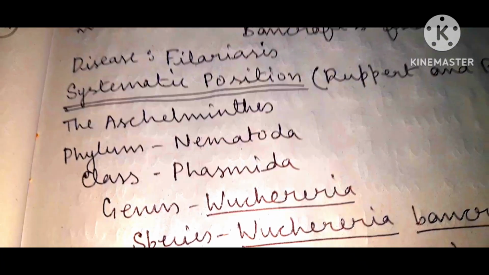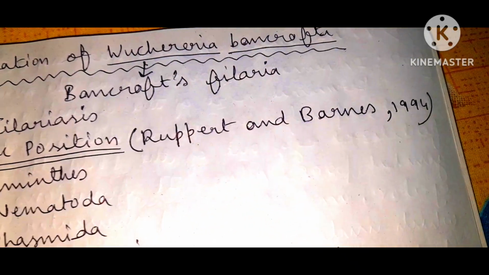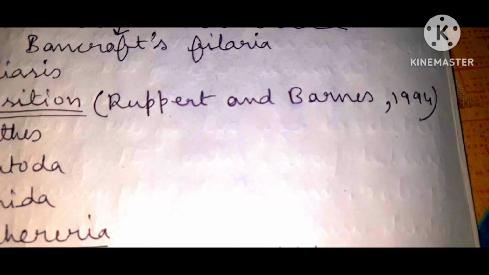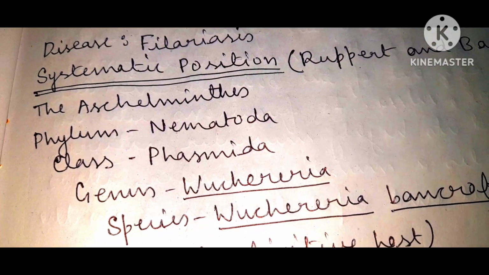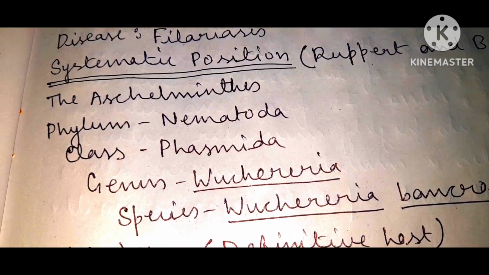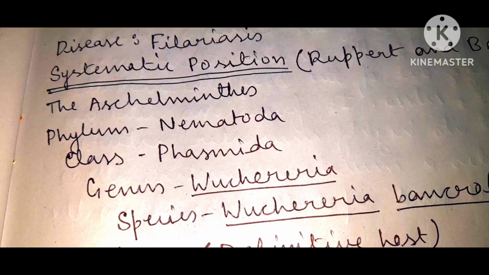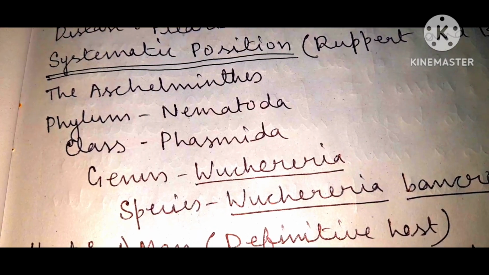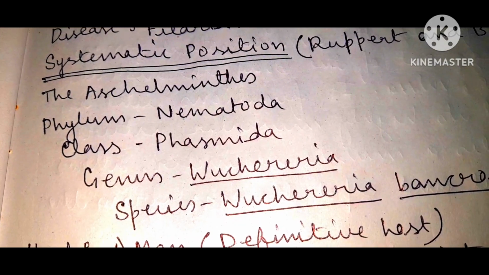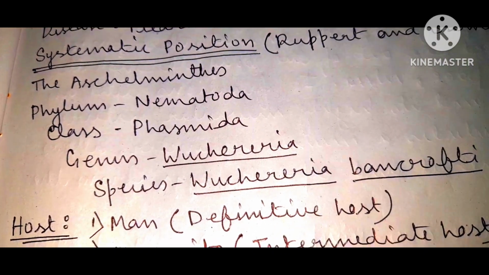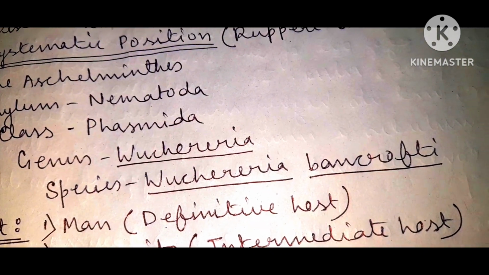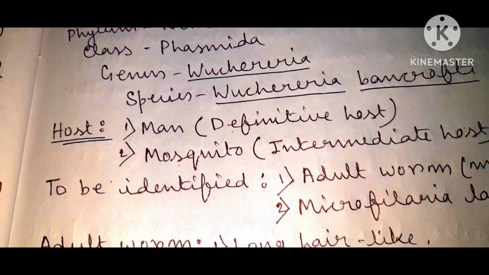Now, the systematic position of Wuchereria bancrofti. The classification scheme followed is Ruppert and Barnes 1994. In this classification scheme, Ruppert and Barnes described all nematode roundworms as Aschelminthes, phylum Nematoda, class Phasmida, genus Wuchereria, species Wuchereria bancrofti.